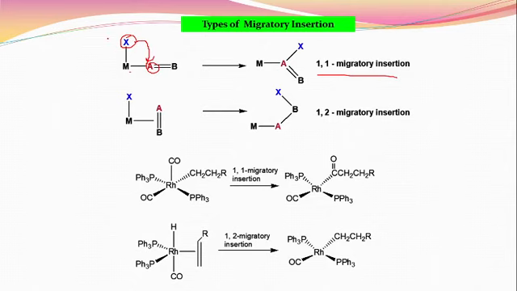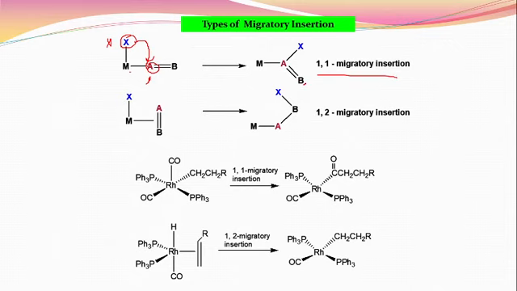This is the 1 position, and this ligand also has a 1 position. That means the migrating ligand is attached to the atom which is directly bonded to the metal. You can see this X is attached to the A position, not the B position.